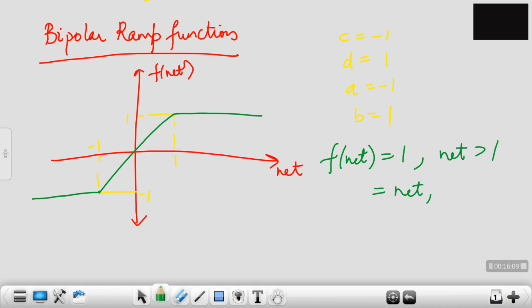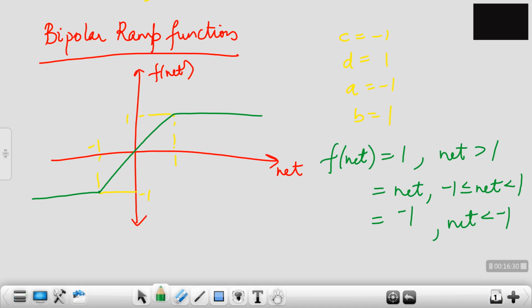F of net is equal to net when net is lying between -1 and 1, and f of net is equal to -1 when net is less than -1. So this is the equation.